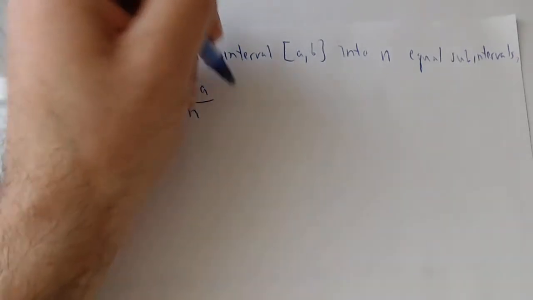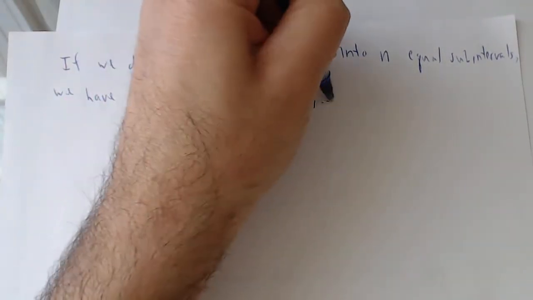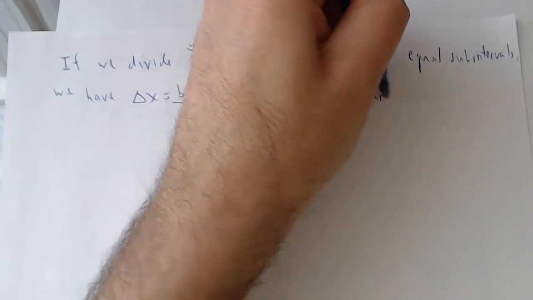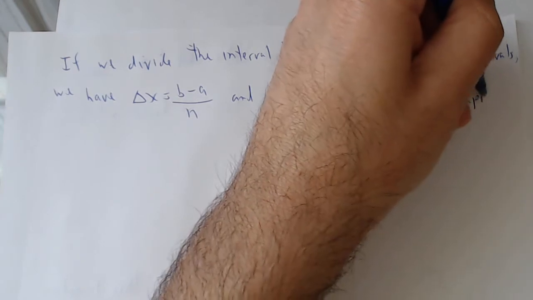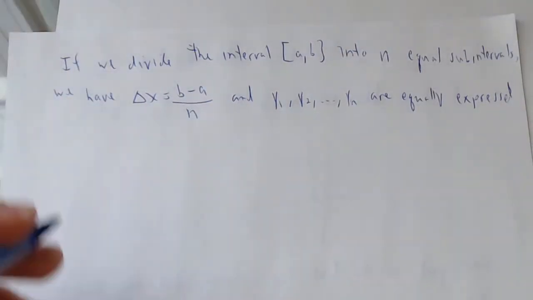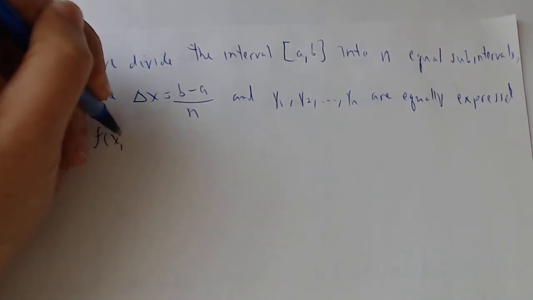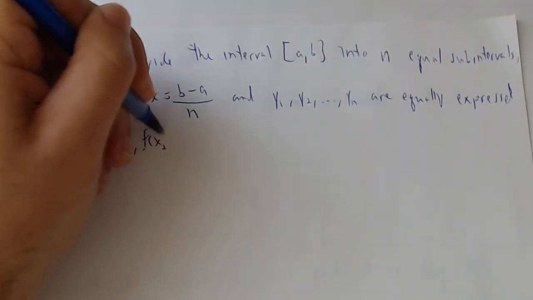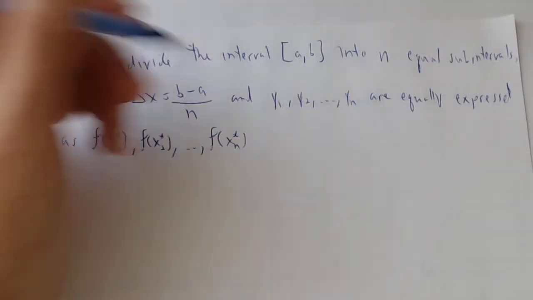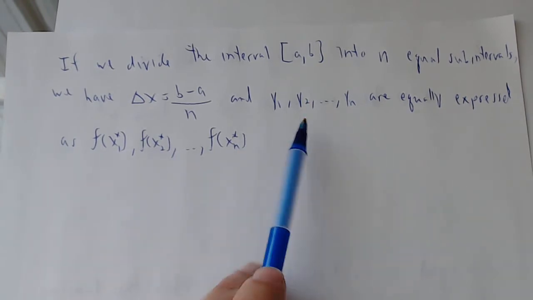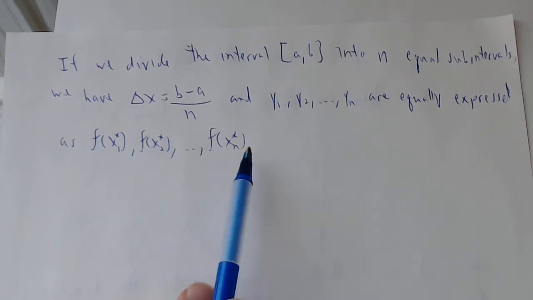And we could say y sub 1, y sub 2, all the way to y sub n are equally expressed as f of x sub 1 star, f of x sub 2 star, all the way to f of x sub n star. These are still y values, right? So instead of calling it y1, y2, all the way to yn, I could call it f of x sub 1 star, x sub 2 star, all the way to x sub n star.